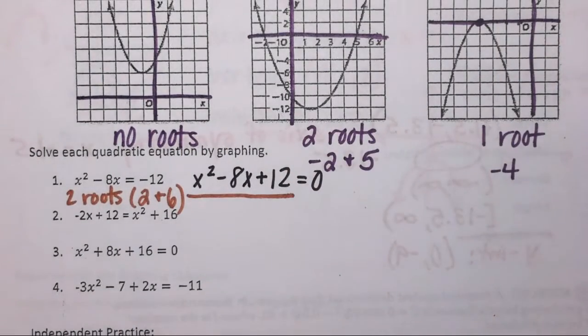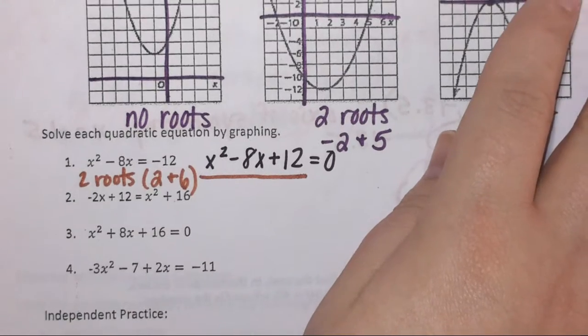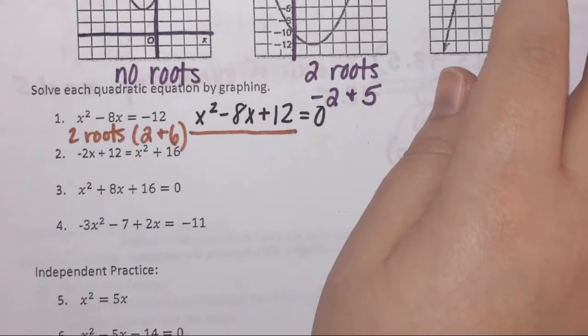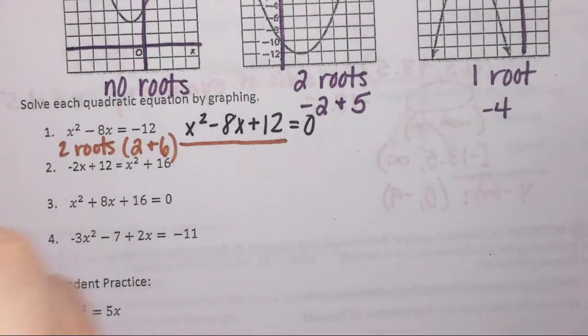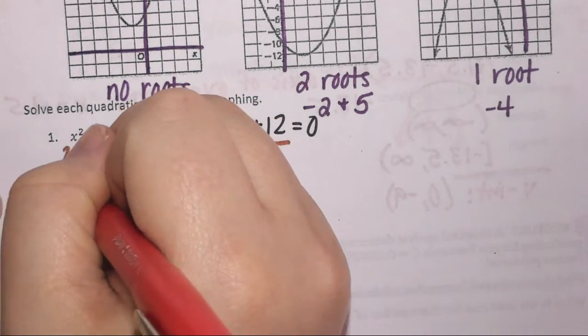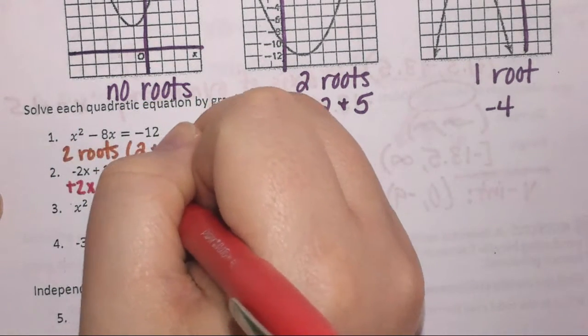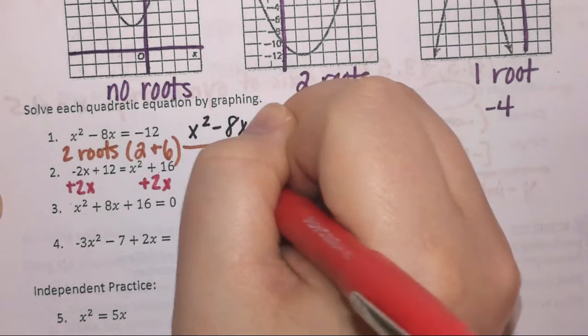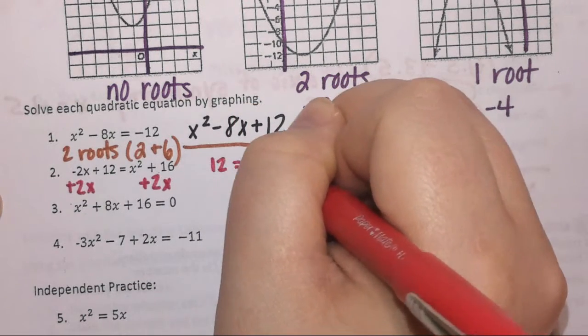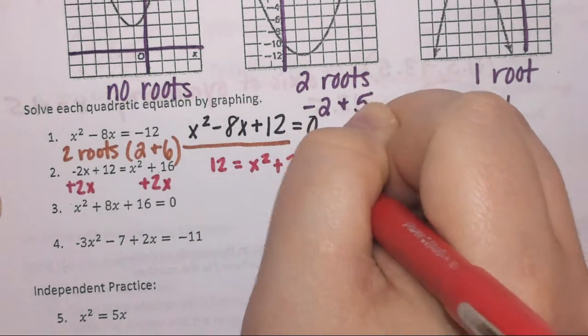Let's rearrange number 2. Number 2 is all kinds of not in standard form. I'm going to do it one step at a time for those who need it. If I add 2x to both sides, I'll have 12 equals x squared plus 2x plus 16.